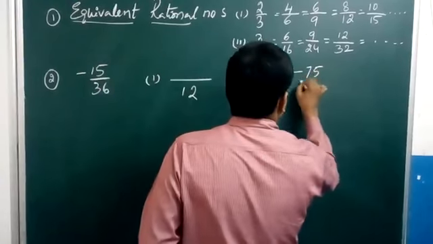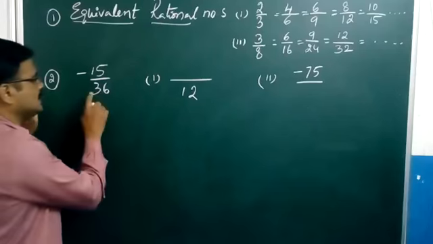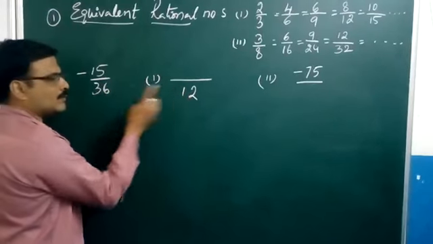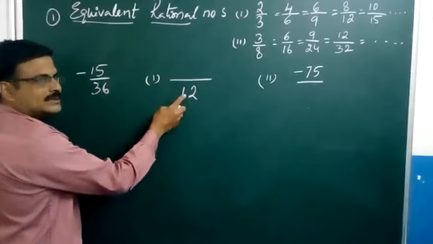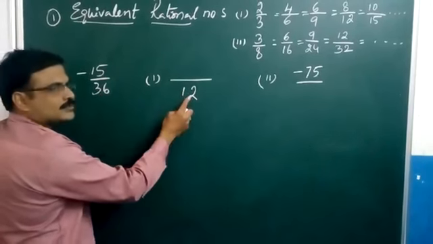In order to obtain this, 36 and 12 are multiples. 36 is a multiple of 12.